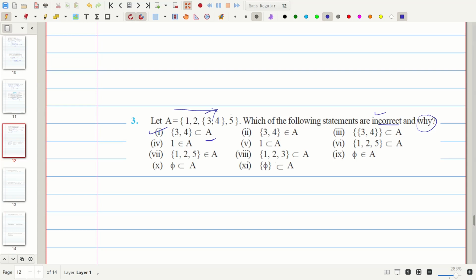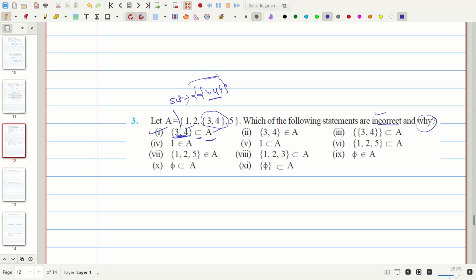When we are saying subset, this is also a set, but this is not a set here. If this has to be written as a set, we have to write it in curly brackets, {3/4}, because it is one element.